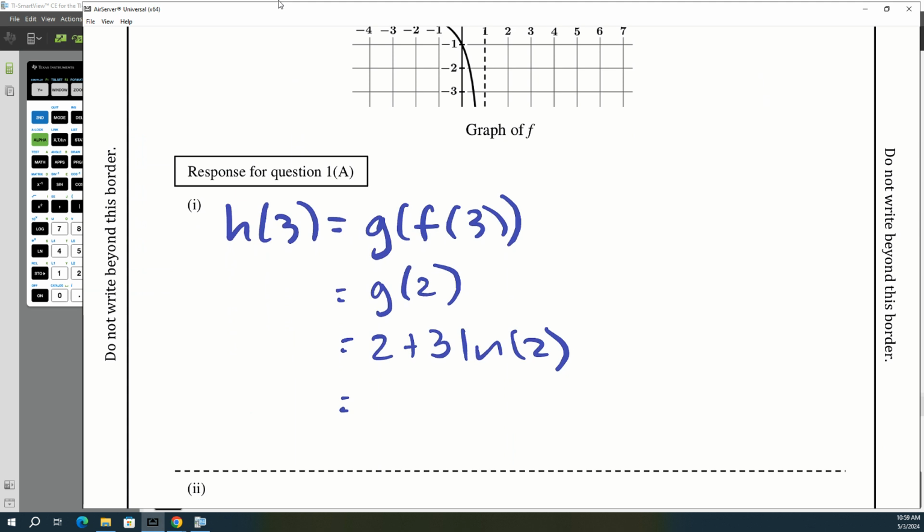So at this point, you are welcome to just type that in the calculator, or I know that g is already in there.